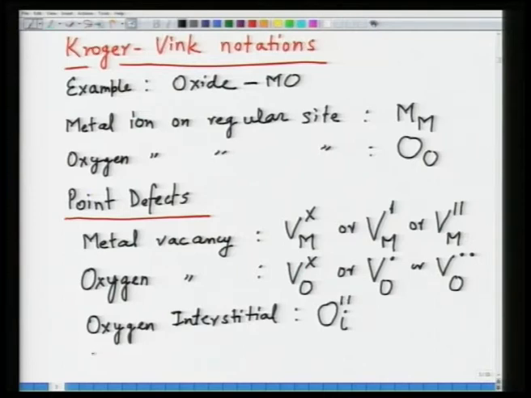And if you have a metal interstitial, this would be MI, and if it is completely ionized, it would be MI double dot. All these numbers of dashes or dots are for an oxide MO. If you have MO2 or M2O or M2O3, M2O5, the number of dots and dashes will change for the metal cation. For oxygen, it will remain the same.